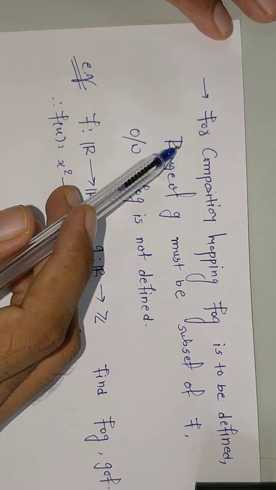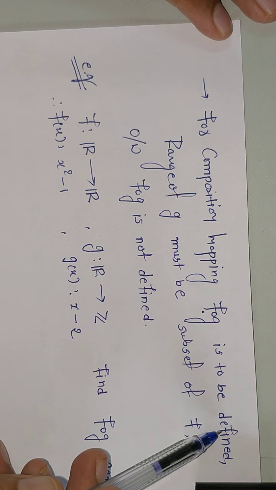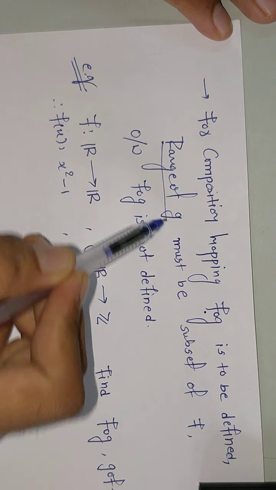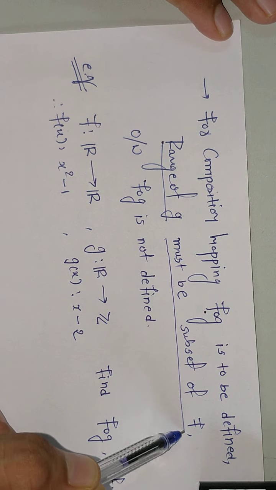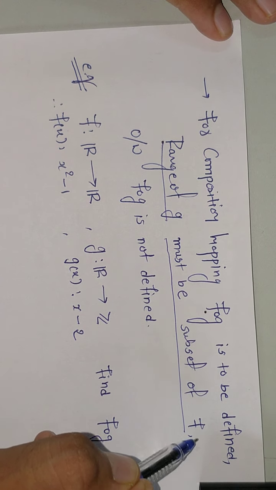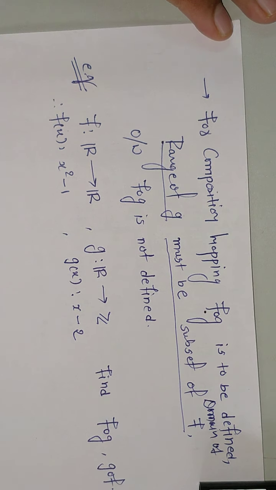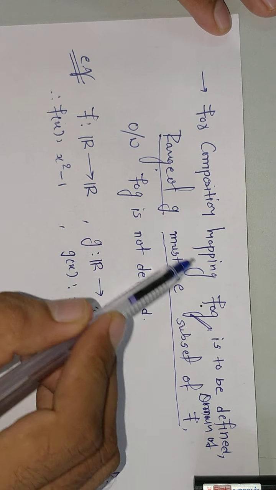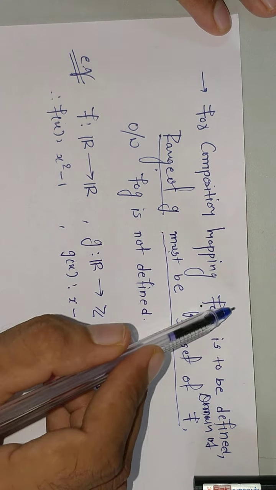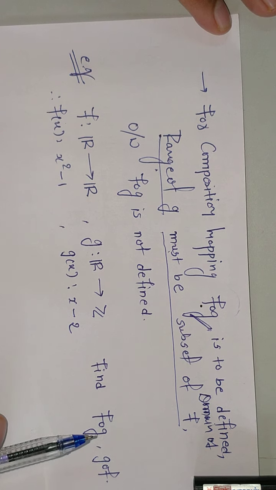For fog, the composition is defined if the range of g, this function's range, must be a subset of the domain of f. What is the condition? The range of this function must be a subset of the domain of this function. Then and only then is the composition of functions defined.